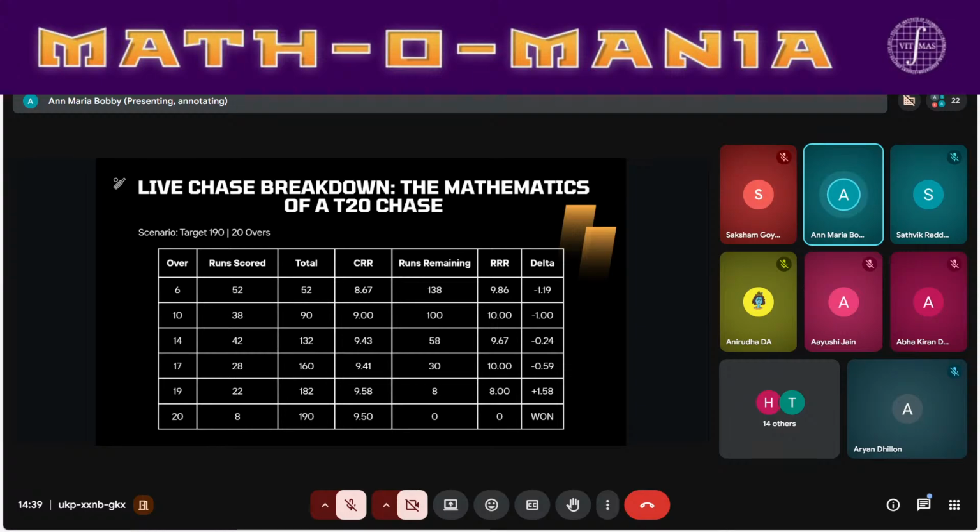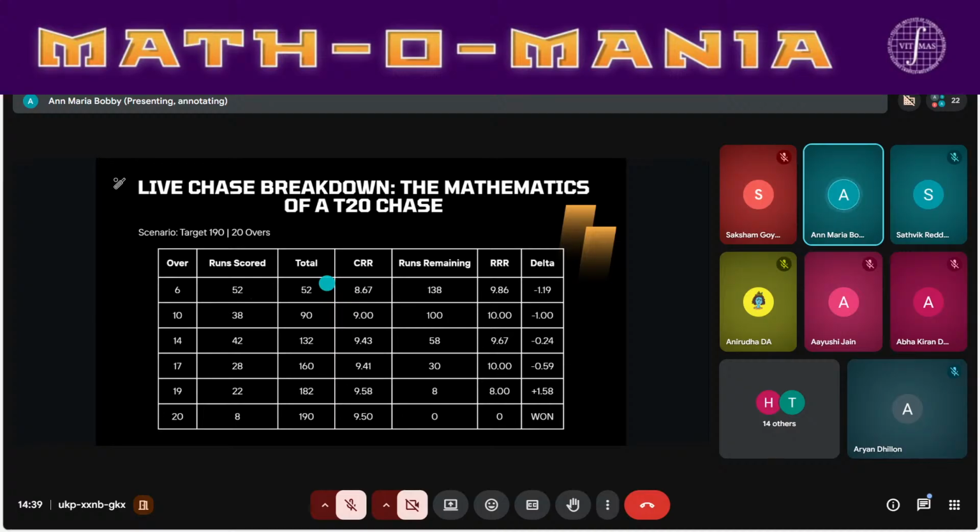So this is a live chase breakdown of a T20 chase. As you can see, the scenario is that the target is 190 and it's T20, so we have 20 overs. In the first 6 overs, the power play, the runs scored were 52.